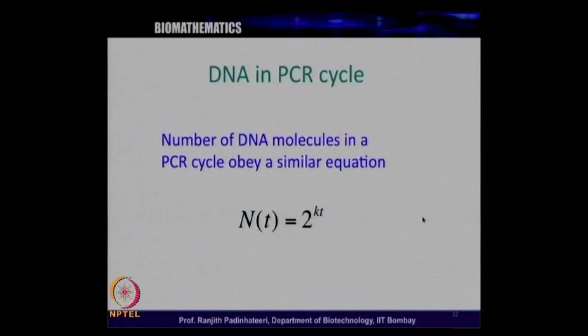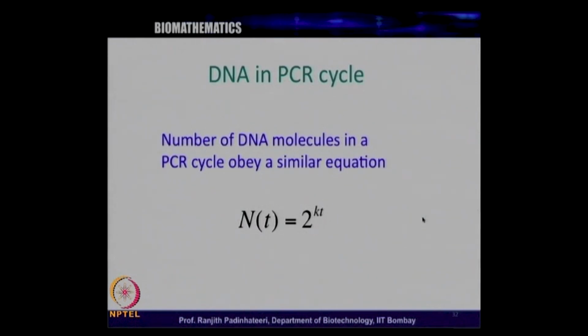This is how this mathematical function is useful in understanding biological phenomena, for example, bacterial E. coli growth, as we saw here. We will discuss this in great detail later, but here, as a first part of this lecture where we discuss functions, I just want to tell you that the function 2 power x is useful in biology. Another example of 2 power x is DNA in the PCR cycle.